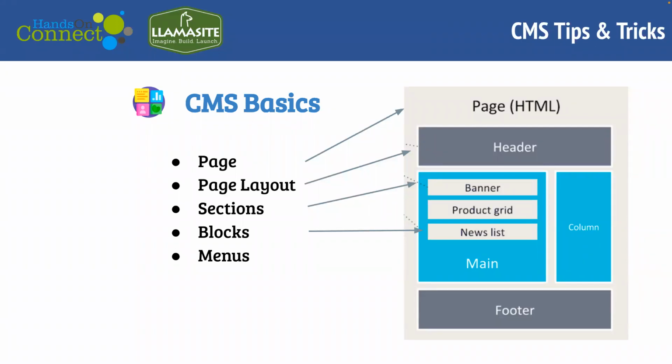So anytime you create something that is your content or functionality on your site, it is most likely going to be a block, and that block has to be placed in a section, and that section lives in a page layout, and the page layout lives on a page. So that's the idea here. And the reason this is important is that when you add a block, it's going to ask you what section you are adding it to.